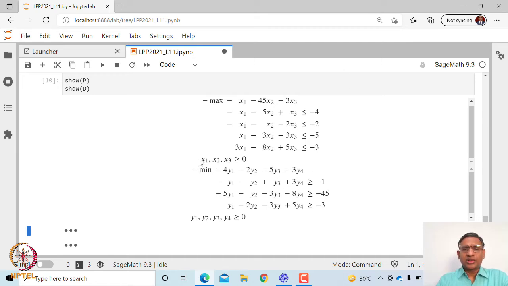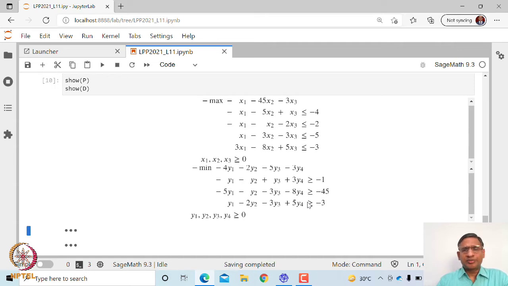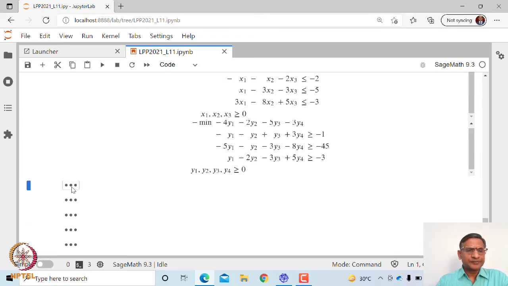In this case, all the design variables are non-negative. Therefore, all the constraints here are greater than or equal to type. Here the maximization is the original problem, with all less than or equal to, and this is the greater than or equal to. There are no equality constraints and no unrestricted variables. So this is straightforward, right?